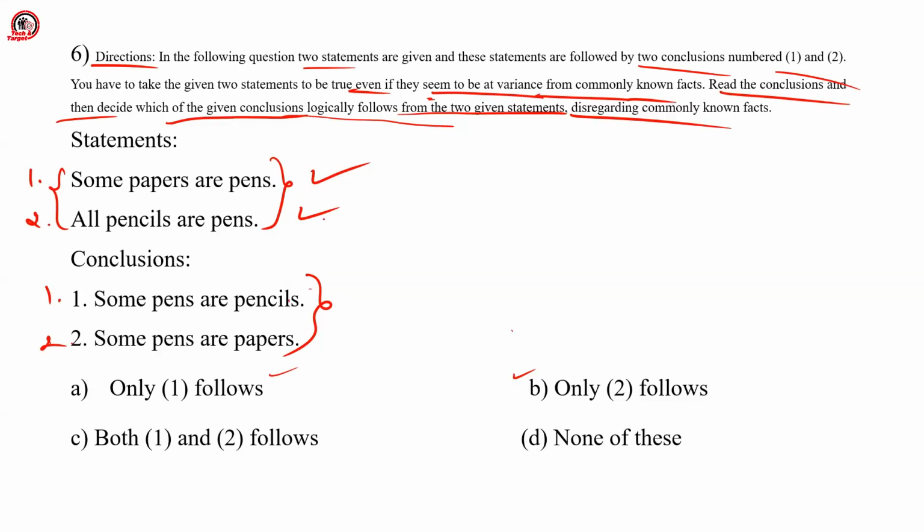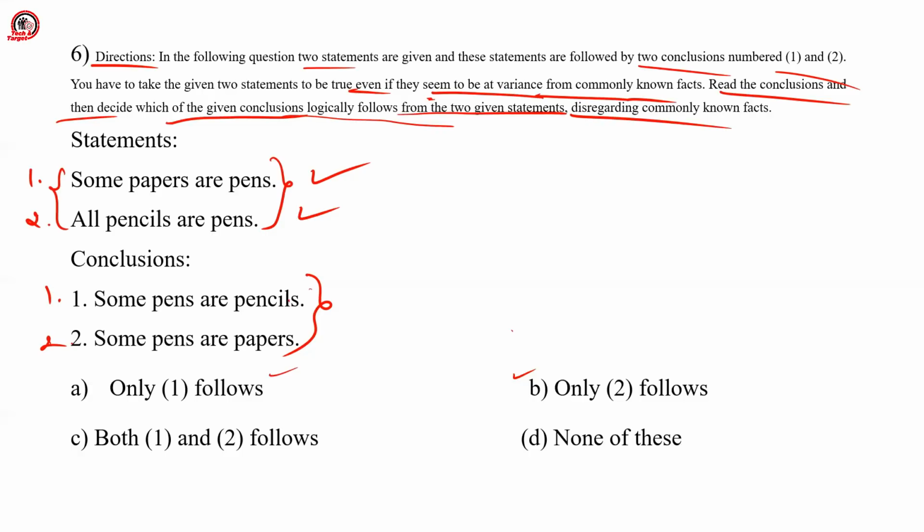So even if the statements might be practically wrong, you have to assume that the statements are actually right, and you have to answer the question in accordance with the knowledge provided by the statements. You should not assume anything, you should not take care of any facts even if the statements are practically wrong.